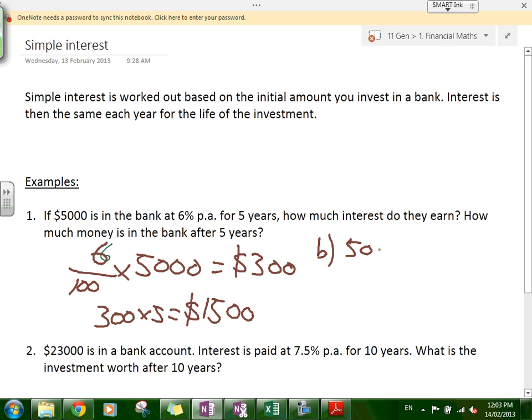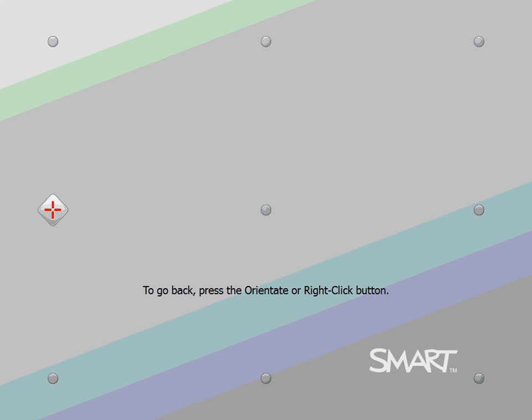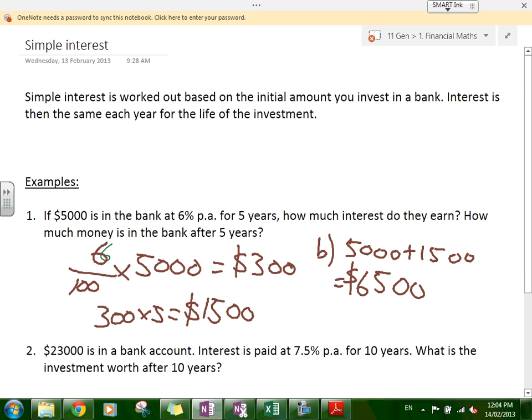It's 5,000 plus 1,500, and that's equal to $6,500 you'd have in the bank. So $6,500 after 5 years at that simple interest rate.